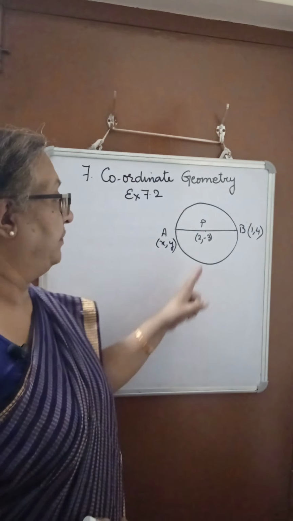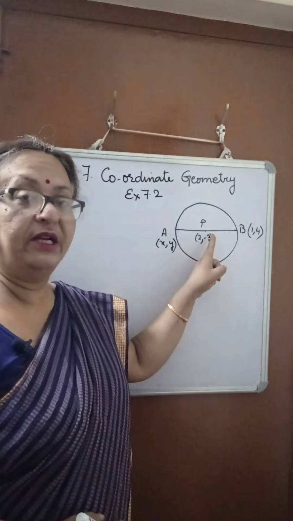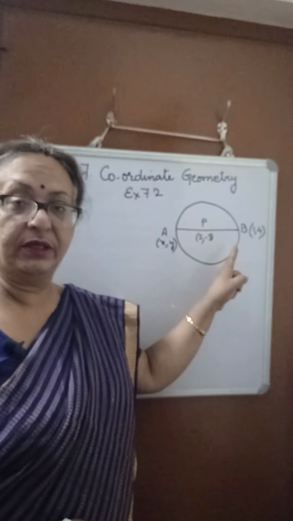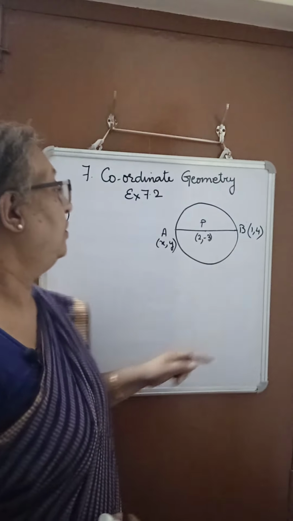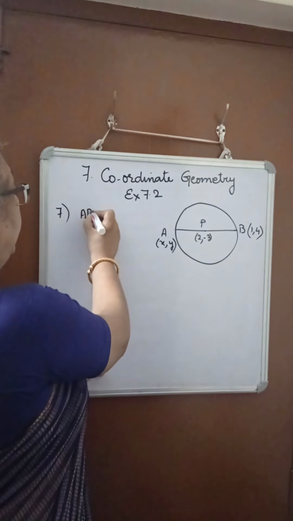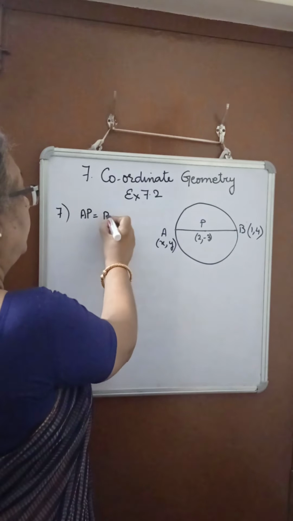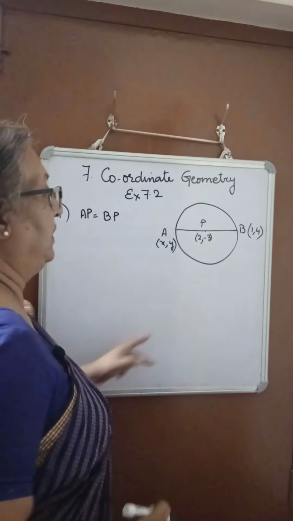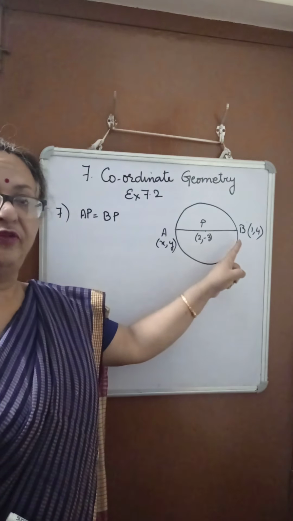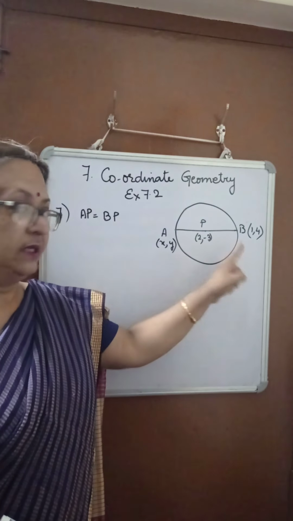Now again, P is the center, AB is the diameter. So can we write AP is equal to BP? That is, P is the midpoint of AB, isn't it?